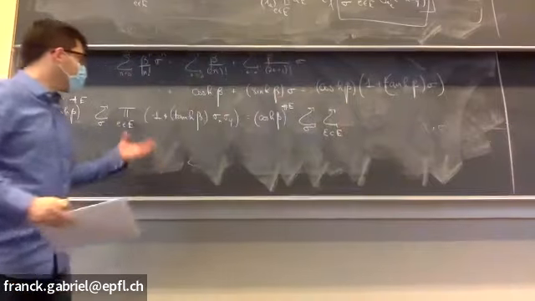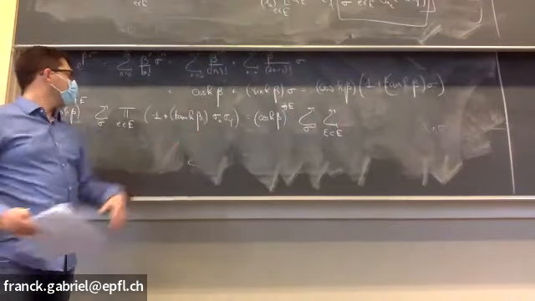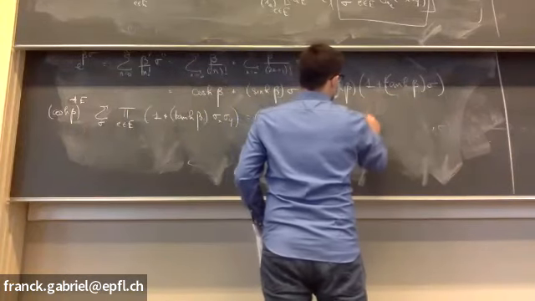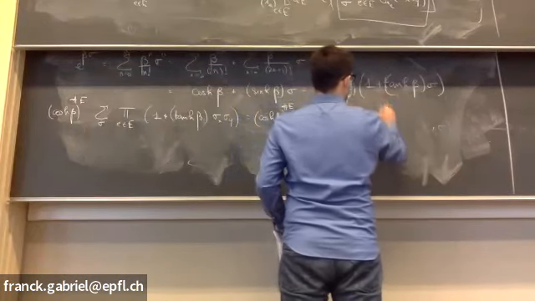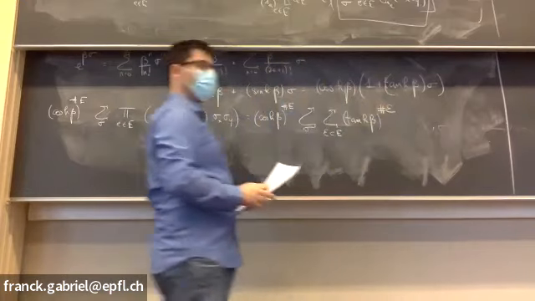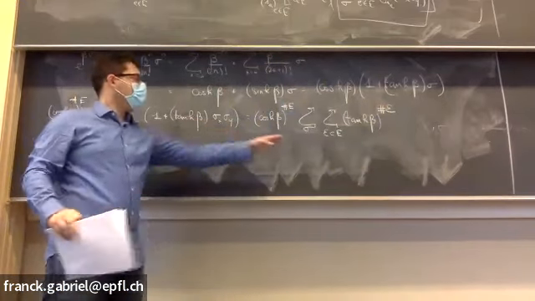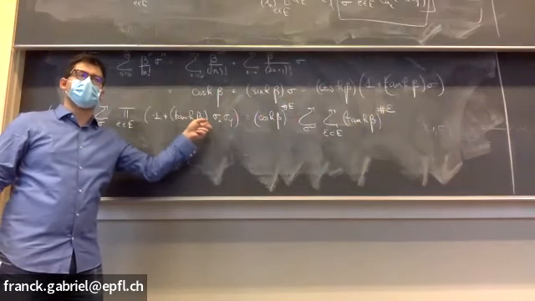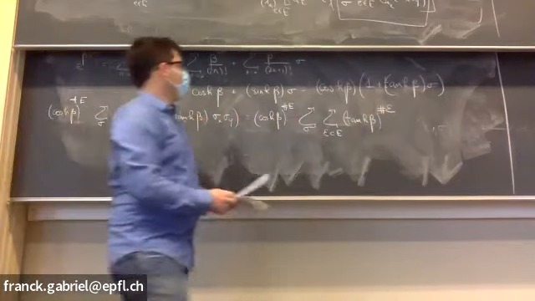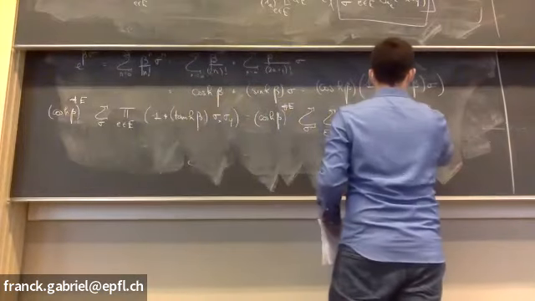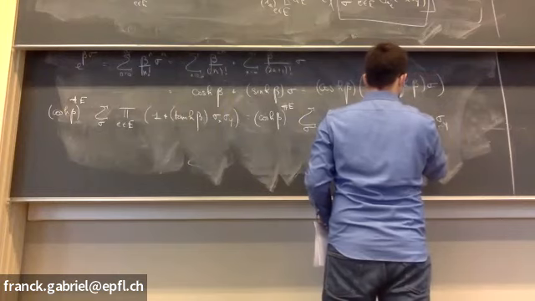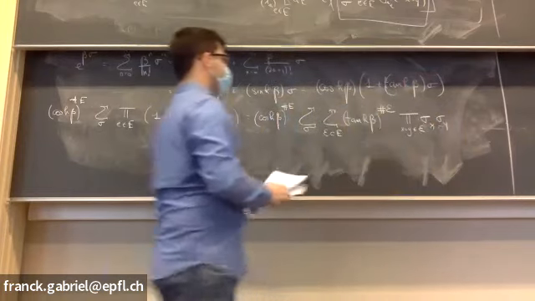So I have to choose a subset of edges, and I will have tanh beta to the power of the number of edges in the subset E I've chosen, times the product of sigma x sigma y, where x, y belong to the subset.